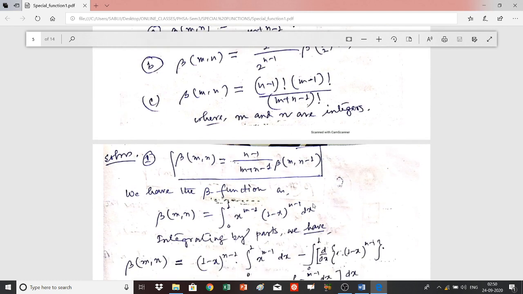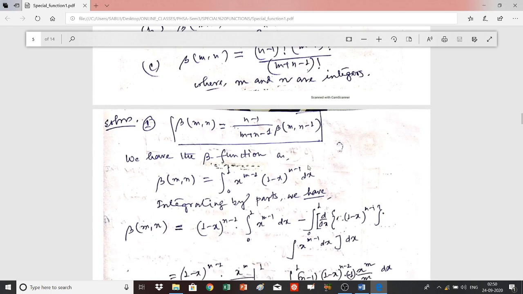Now come to the first problem, that is beta(m, n) is equal to (n minus 1) by (m plus n minus 1) beta(m, n minus 1). We have to prove it. To do this, just recall the definition of the beta function that was given in equation number 1, that is beta(m, n) is equal to the integral from 0 to 1 of x to the power m minus 1 into (1 minus x) to the power n minus 1 dx.